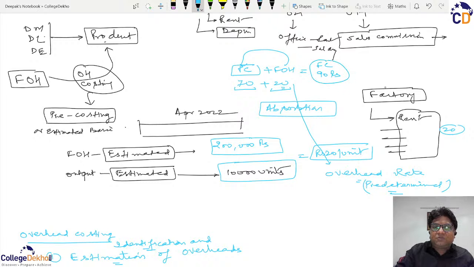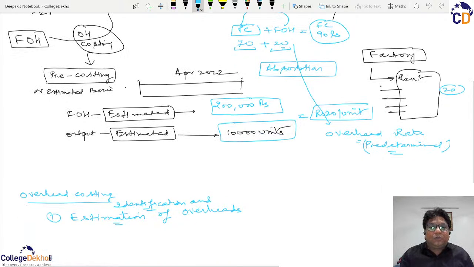So we use a special word for overheads: we calculate the prime cost, and when in this prime cost we add factory overheads or any other overhead on a predetermined basis, then we use the word overhead absorbed. So absorption of overheads is the addition of overheads on a predetermined basis.